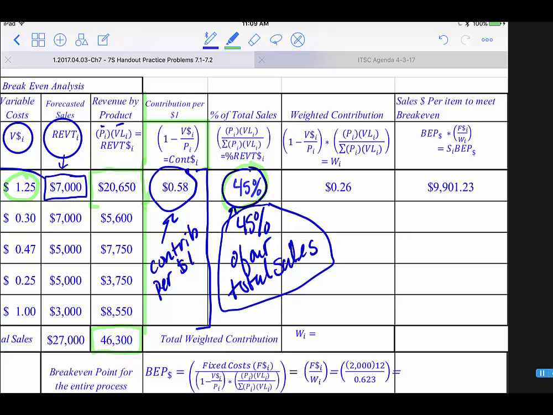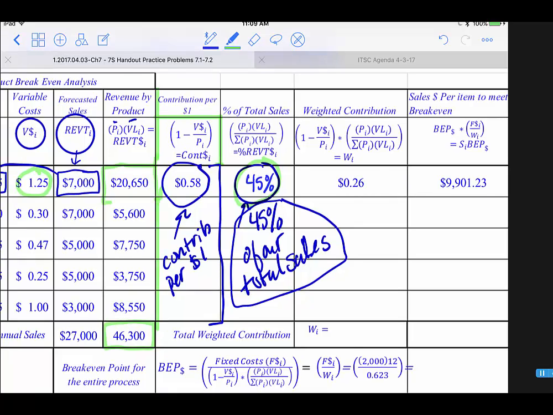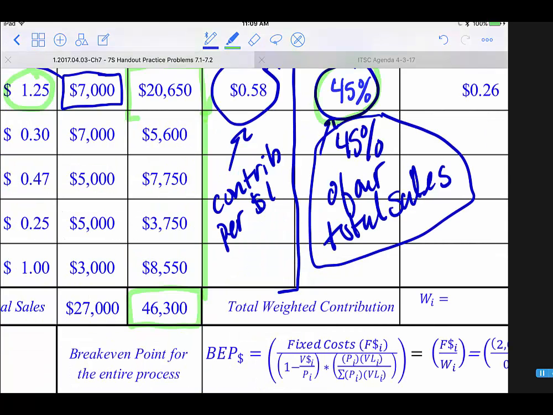So there you go, 45% of the total sales that we have of 46,300 could be attributed to the sales that resulted from the sandwiches. One other thing I want to draw your attention to, and I told you this in class, is this 27,000 down here, a little bit misleading.